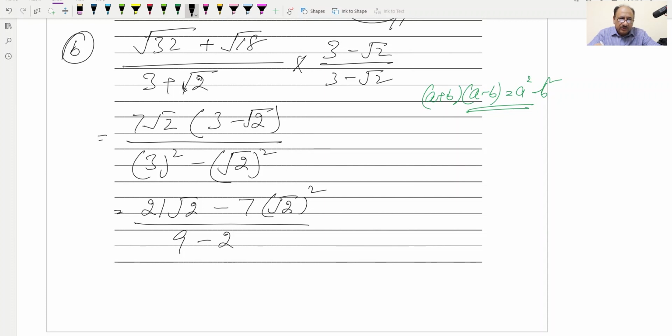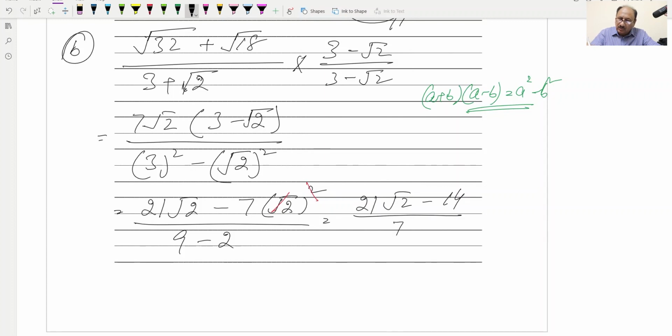And this one we can rewrite as 21 under root 2, and this under root 2 squared will cancel, and this will be minus 14, over 7.